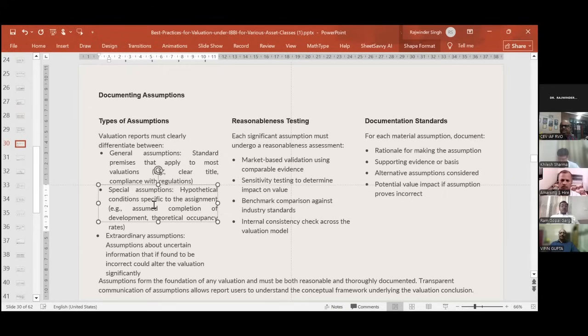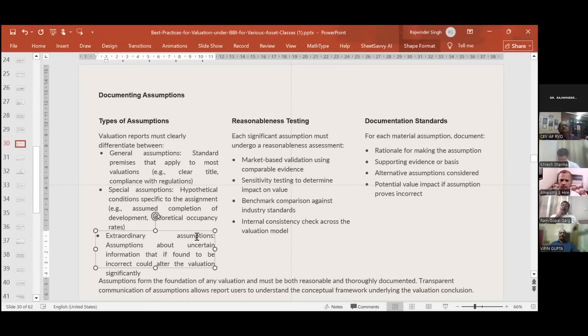These are hypothetical conditions specific to the assignment, for example, assumed completion of development or theoretical occupancy rates. And then there may be certain extraordinary assumptions: assumptions about uncertain information that, if found to be incorrect, could alter the valuation significantly.